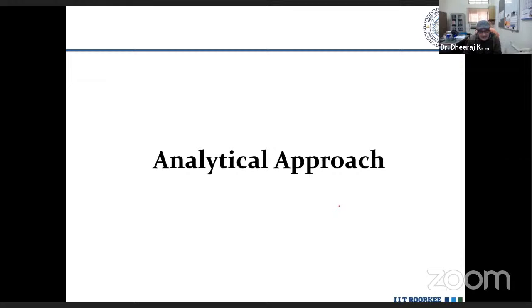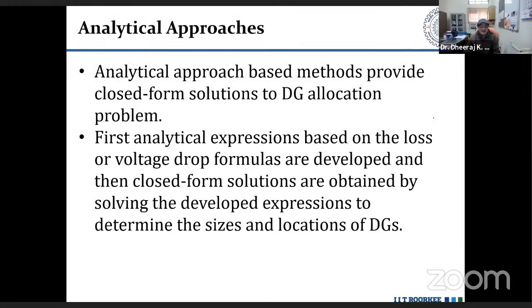Now let us move to the analytical approach. In the analytical approach, we can directly derive closed form equations, and by directly solving those equations we can obtain the solution in terms of DG size.